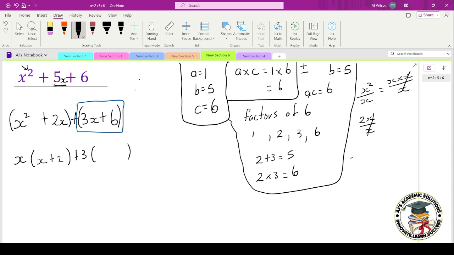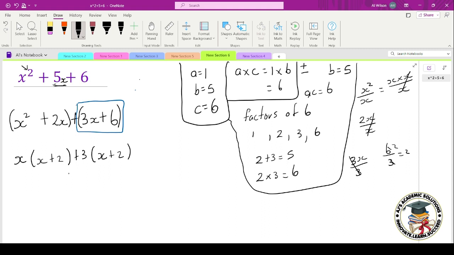And then in our bracket, we have 3x divided by 3, which leaves us with x, and the 3s cancel out. Then we have 6 divided by 3, which is going to give us 2. So plus 2.